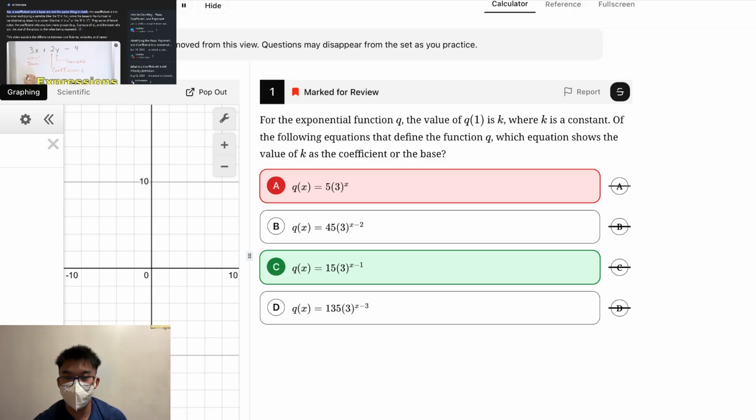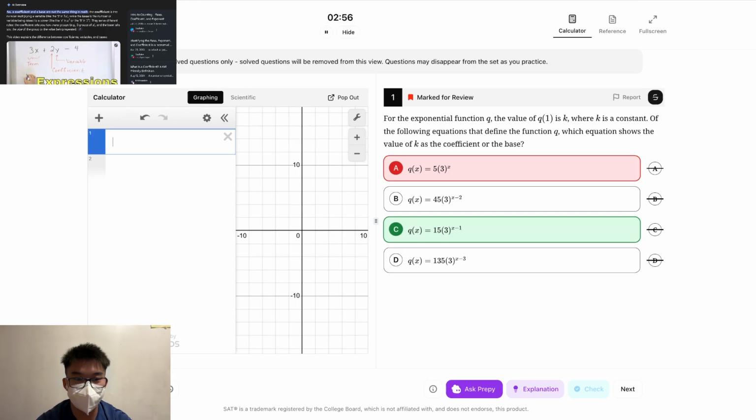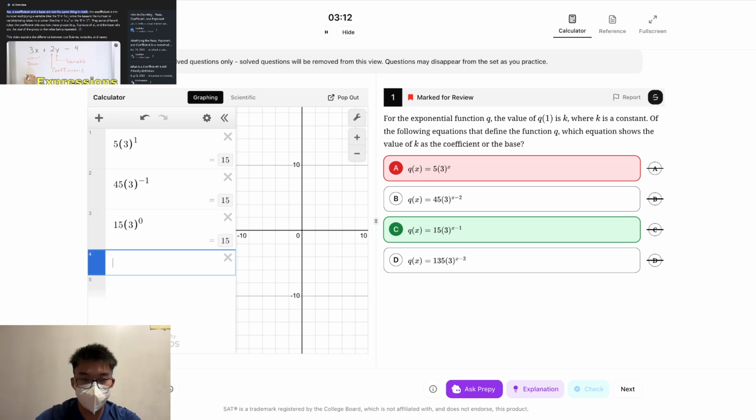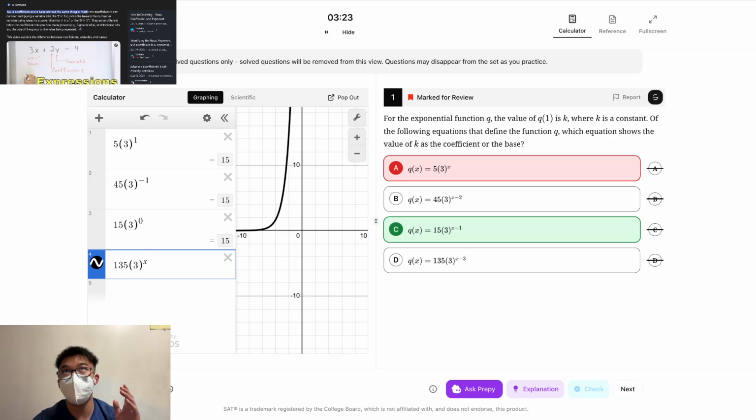So let's see this real quick. 5 times 3 to the 1, we got 15. 45 for 3 to the negative 1, 15 for 3 to the 0, and then 3 to the x minus 3. Where x is equal to 1, so 1 minus 3, negative 2.